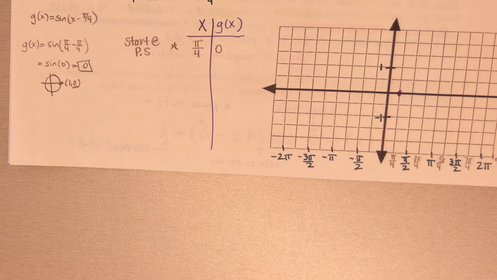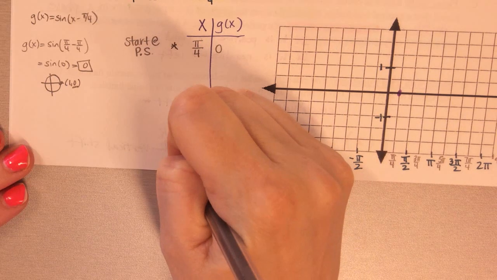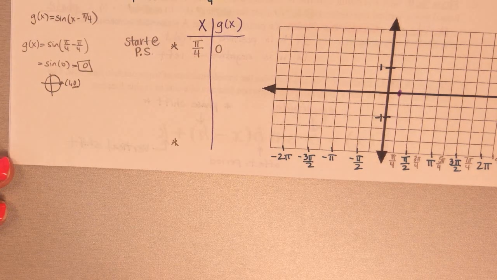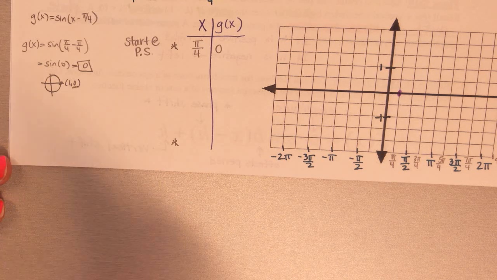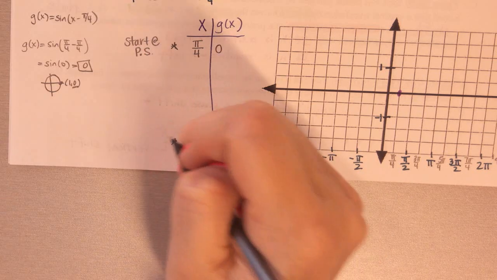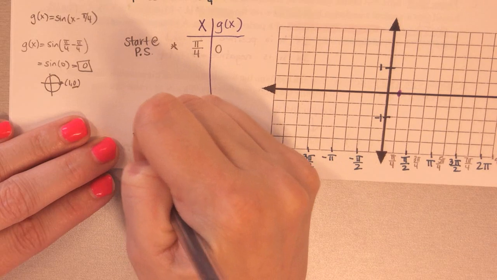Now, after we do the start, we go to the end. Do you guys remember where the end was before? So we started at 0. Where do we end? Yeah, for sine we did 2 pi. Why did we do 2 pi? That's a full period. So the end is still going to be a full period. So all we have to do is the phase shift plus the period.